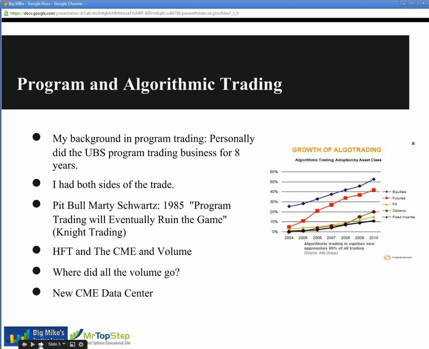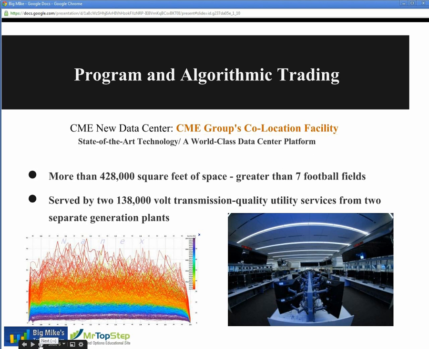Now we're going to talk about the new CME data center, which maybe should have been on the other slide, but we're going to move this forward. So, program and algorithmic trading. Like it or not, it's not going away. Whether or not they come up with new rules regulating it, we've got to find out.